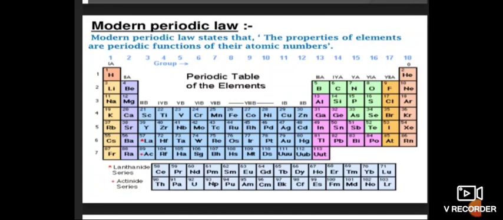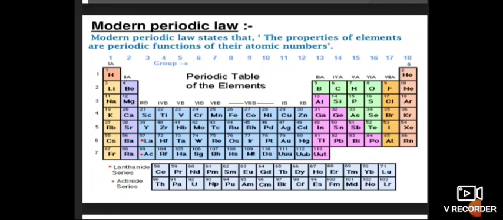What are the criteria taken to frame the modern periodic table? Atomic number and chemical properties. According to this law, when elements are arranged in order of increasing atomic number, elements with similar chemical properties occur after certain intervals.